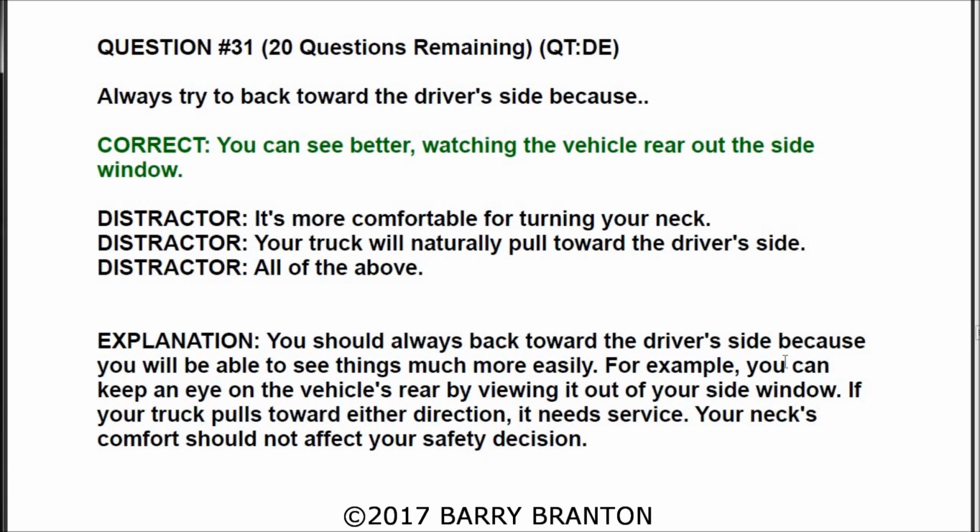For example, you can keep an eye on the vehicle's rear by viewing it out of your side window. If your truck pulls toward either direction, it needs service. Your comfort should not affect your safety decision.